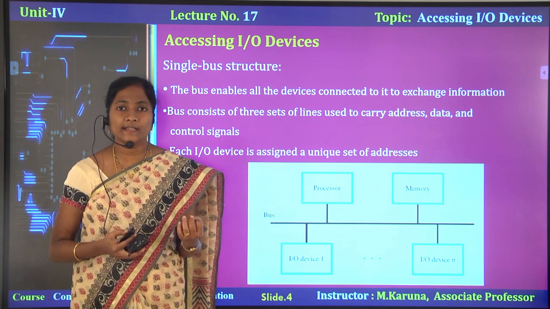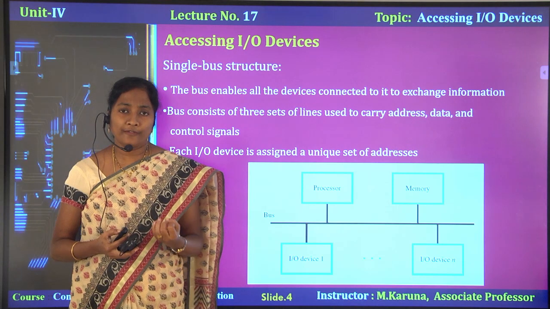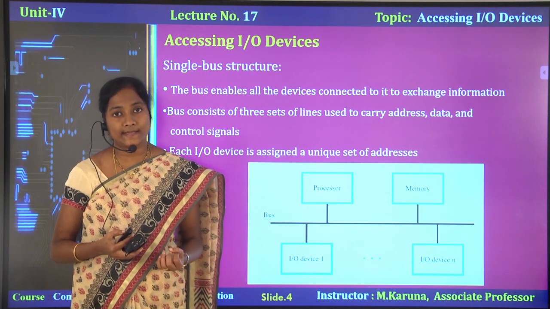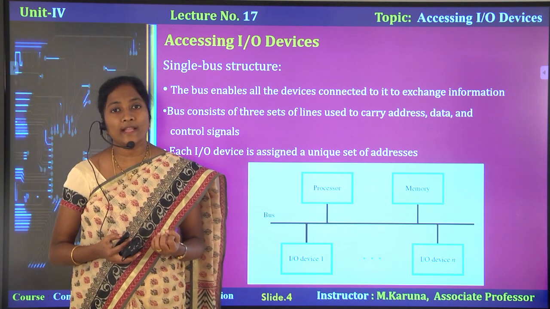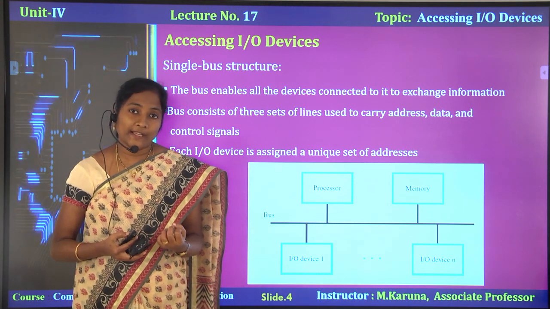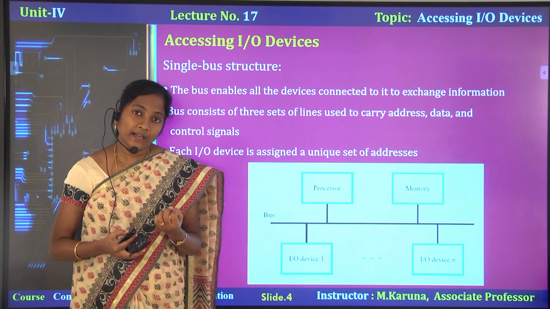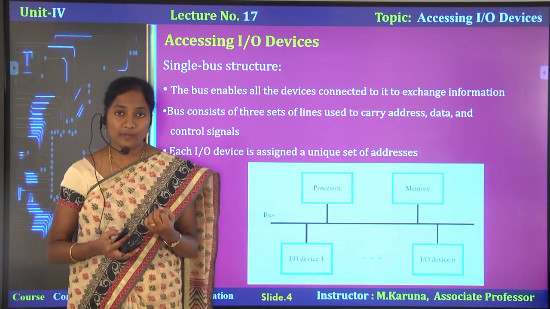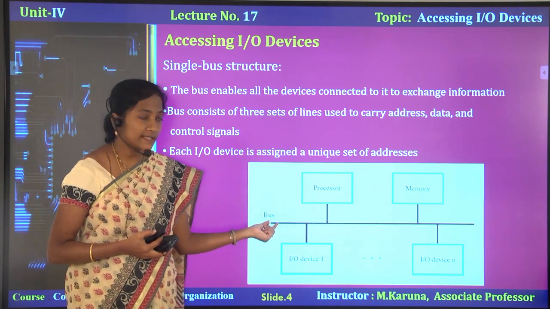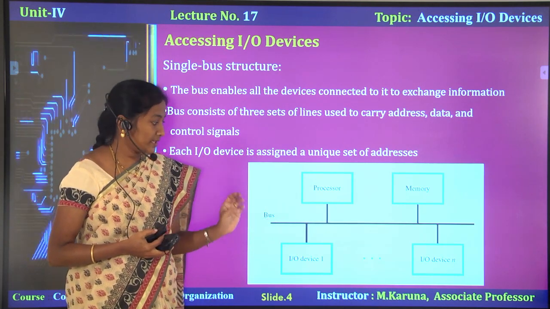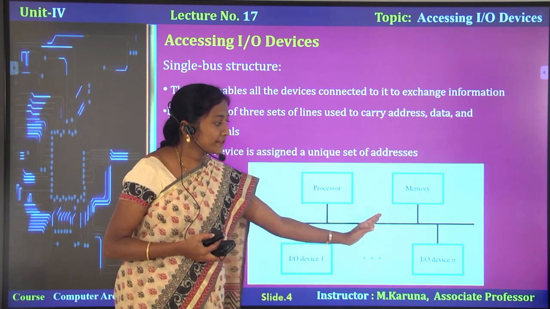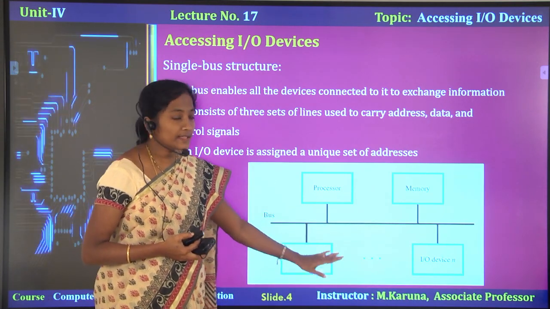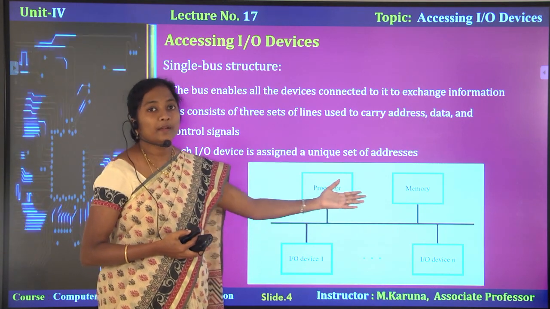A bus contains three different groups of lines: address lines, data lines, control lines. A group of address lines is known as the address bus, a group of data lines as the data bus, and a group of control lines as the control bus. So the bus consists of three kinds of bus which are used to transfer information between I/O devices and processor memory.